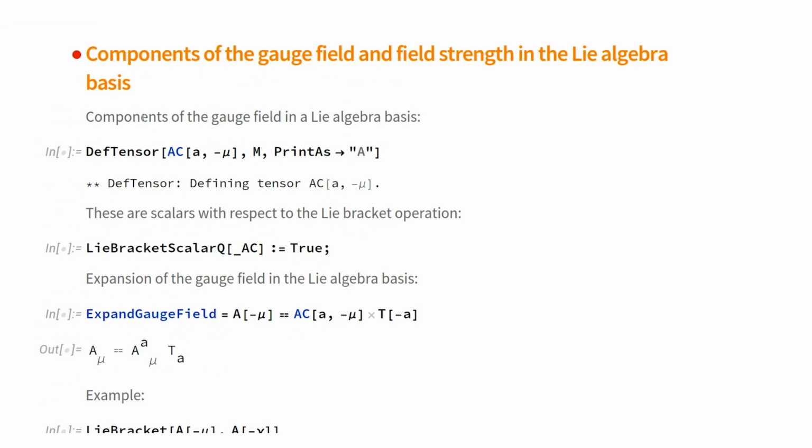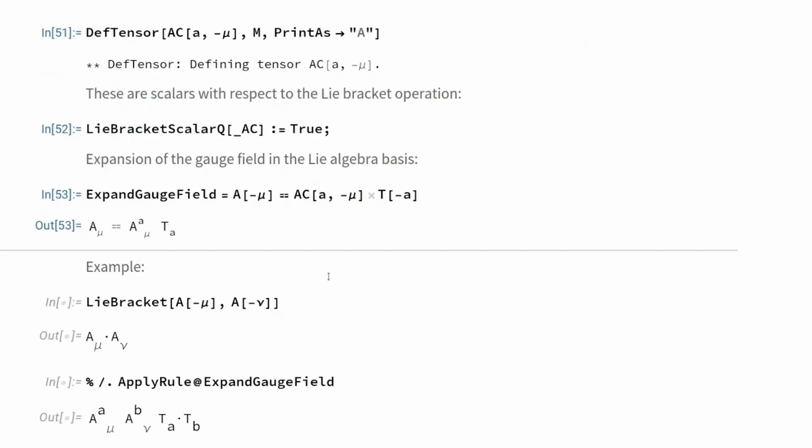With these ingredients, I can define the components of the gauge potential in the Lie algebra basis, which are now scalars with respect to the Lie algebra. So we get the standard expansion of the gauge potential in terms of the Lie algebra generators.